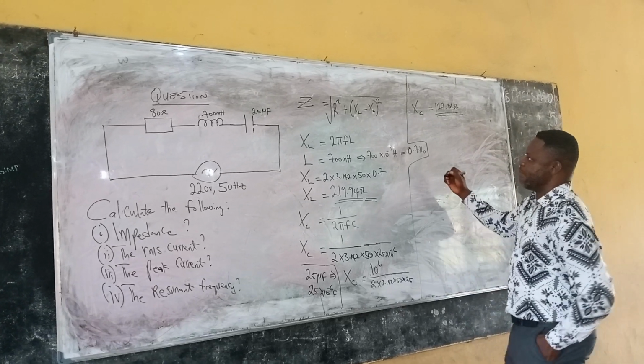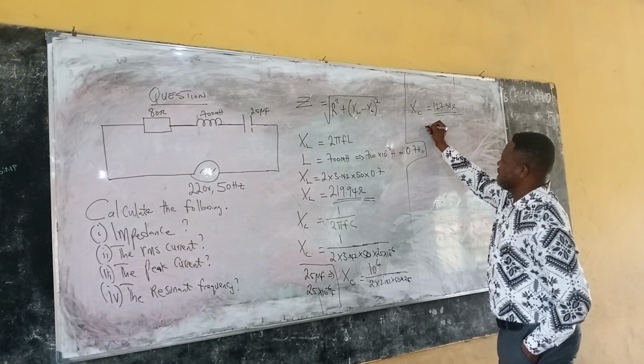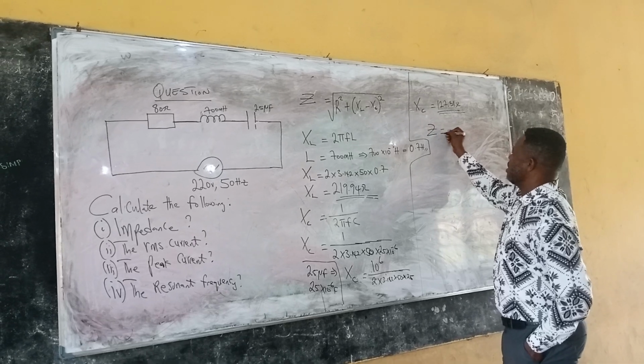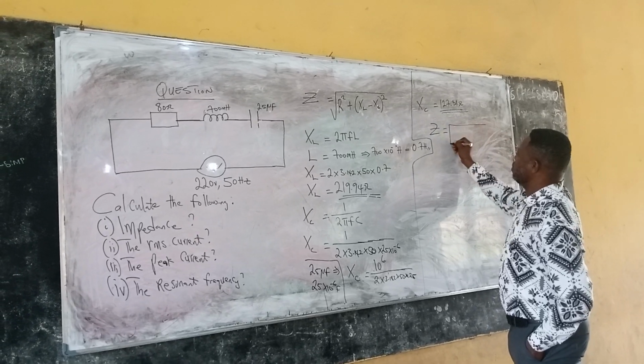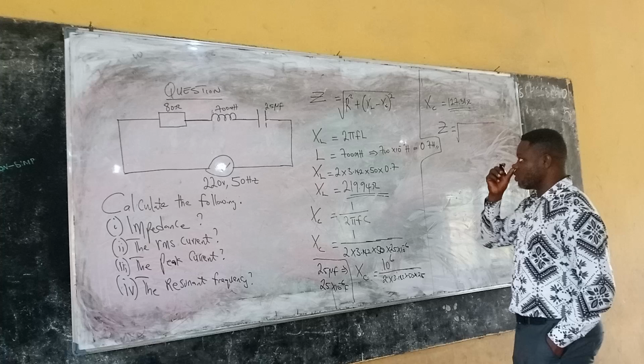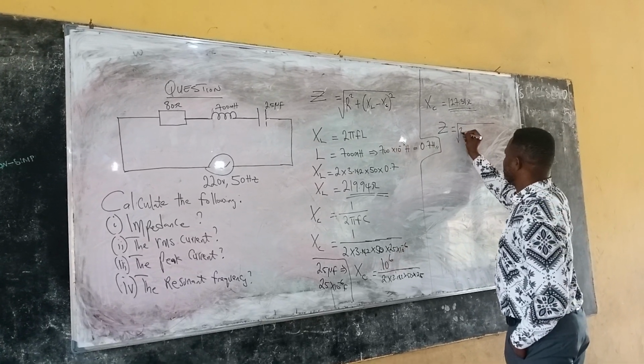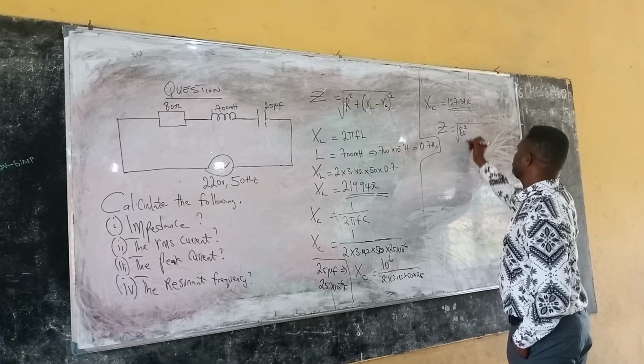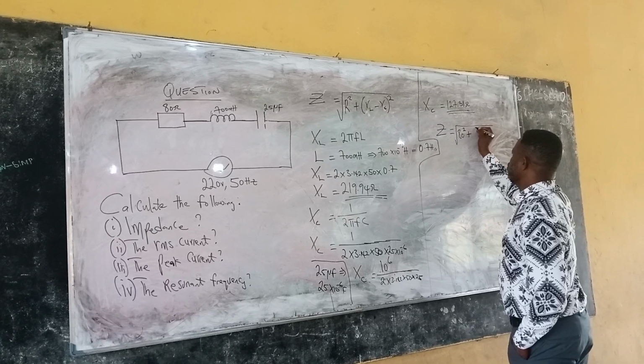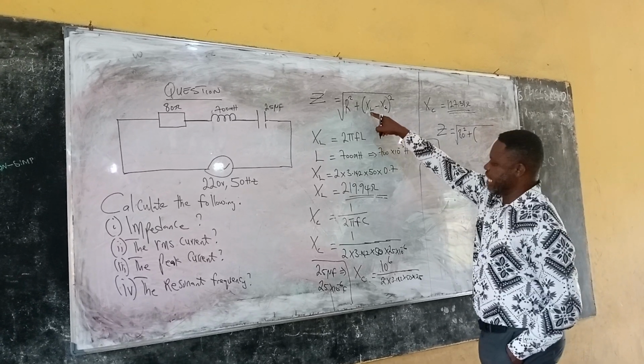So let's see for impedance. Our impedance now, Z, will now be given as the square root of, what's our R? Our R is 80. So that will be 80 squared plus, you open bracket, our XL.